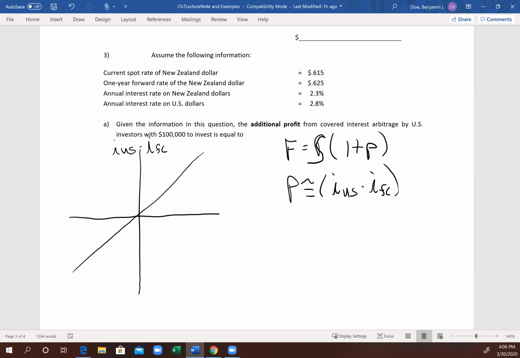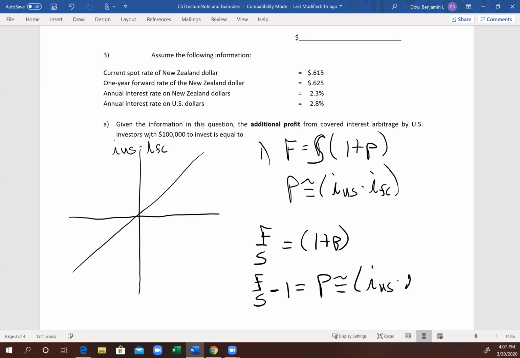Now, the other way that you can find the premium is just solve for this equation here. We'll call it 1. And you can see that forward divided by spot is equal to 1 plus P. So the forward rate divided by the spot rate minus 1 should be equal to P. And if we know that P is approximately equal to the difference in interest rates, then this is how we get the interest rate parity line.